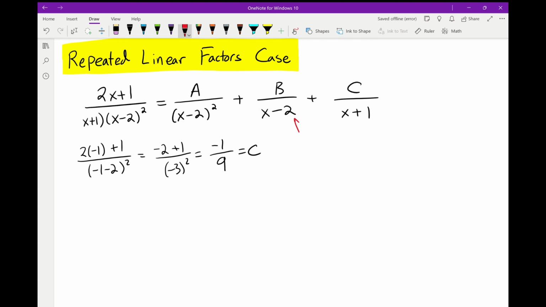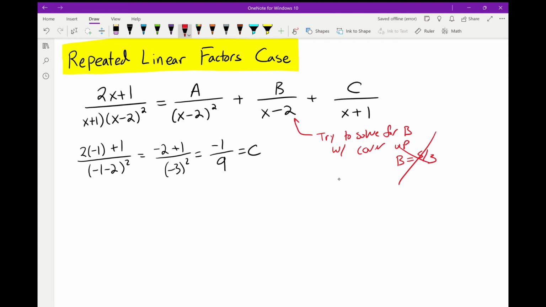Here, if you try to solve for B with the cover-up trick, you'll get that B equals 5/3, and this actually turns out to be wrong. And so you can get wrong answers if you use this thing for lower powers.